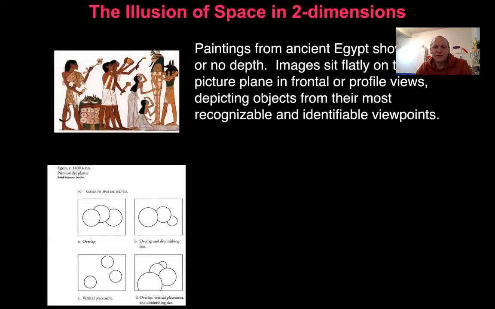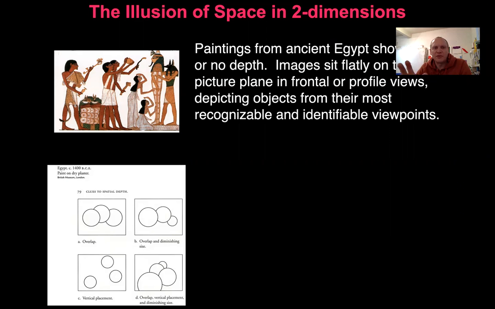There are several ways that we get to the illusion of space on a two-dimensional surface. A lot of ancient Egyptian paintings have little or no depth, and so the images appear to sit flat on the picture plane. Picture plane just means what's up front at your eyes. So not a lot of depth into the image, not like a window, but more like a flat picture.